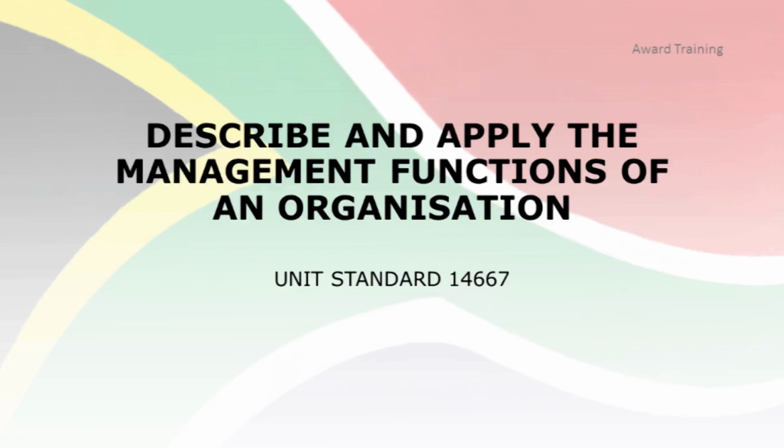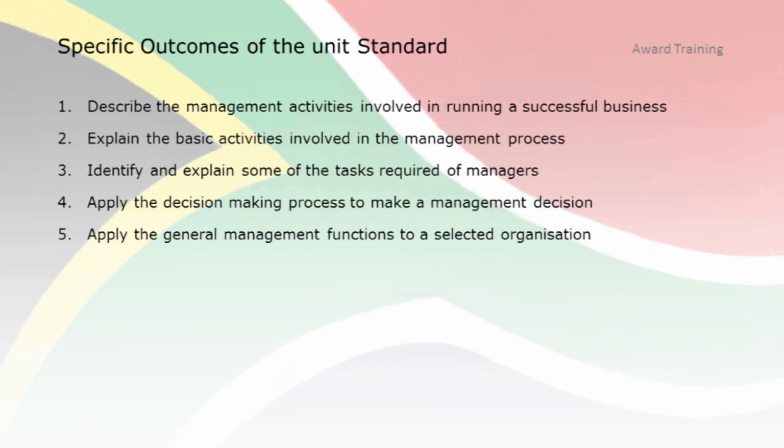The unit standard is called Describe and Apply the Management Functions of an Organization. Unit standard number 14667. The specific outcomes of this unit standard are as follows. 1. Describe the management activities involved in running a successful business.